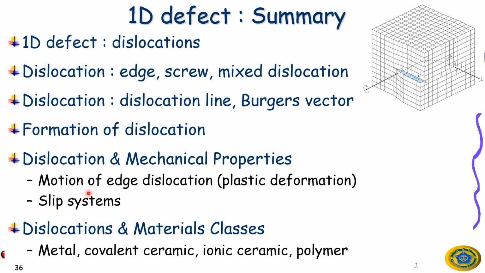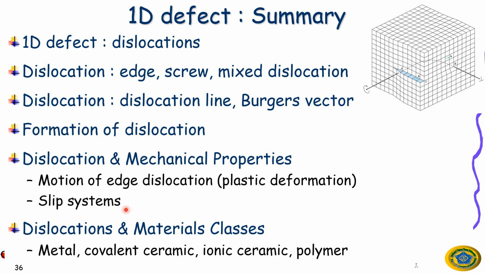We also learned the slip system. Slip system is, when you do slip, this is also the one-dimensional dislocation, that you slip in the most dense plane, in the most dense direction. That's what we call slip system.